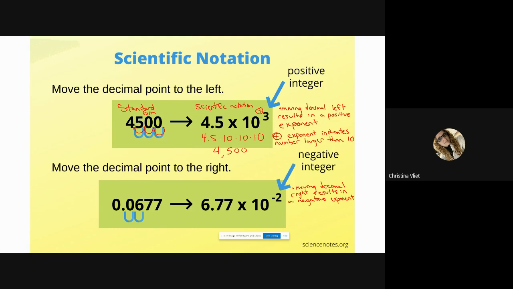And if you see a negative exponent, it means the number is smaller than 1. So you could actually look at the exponents in scientific notation, and you should have an idea of how large or small your actual value is in standard form. If you see a positive exponent, it means large. And if you see a negative exponent, it means small, smaller than 1.